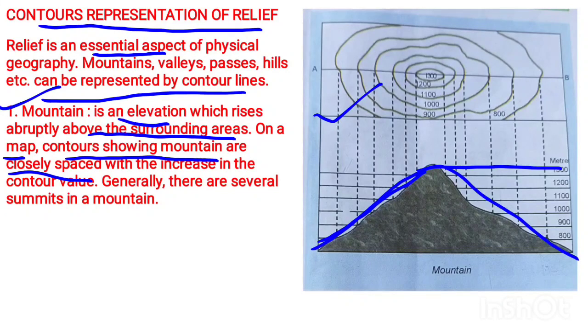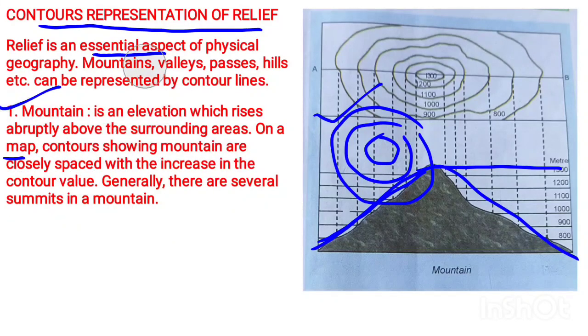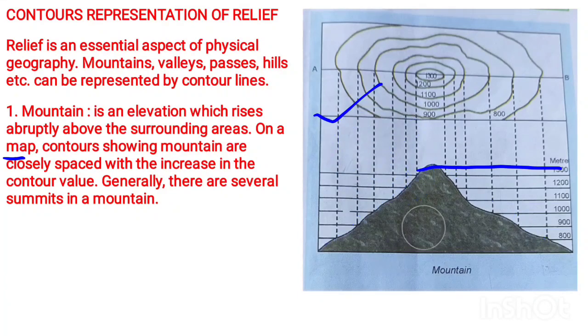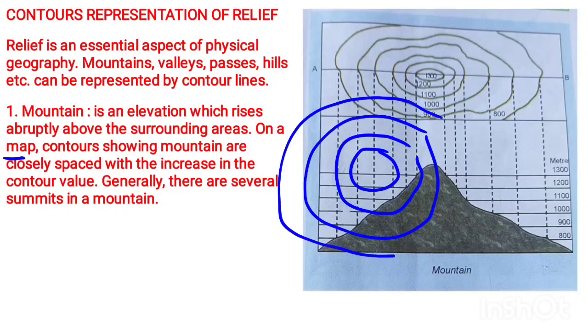If you see this, you can easily understand that the contour lines are located closely to each other, and generally there are several summits in a mountain. So what kind of contour lines can be seen in the case of a mountain? You have to answer that the contour lines are closely spaced in the case of a mountain.